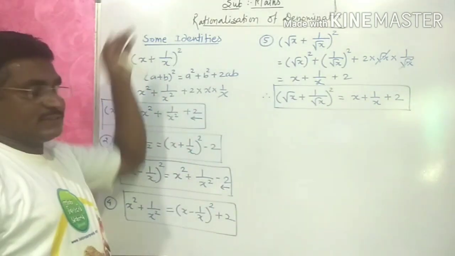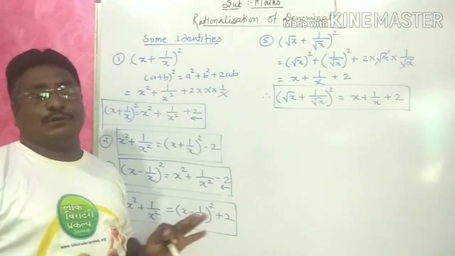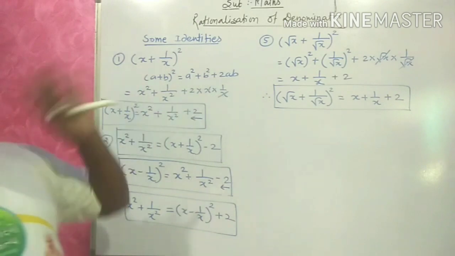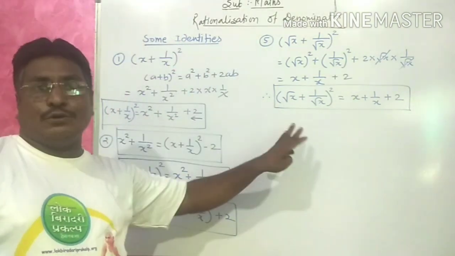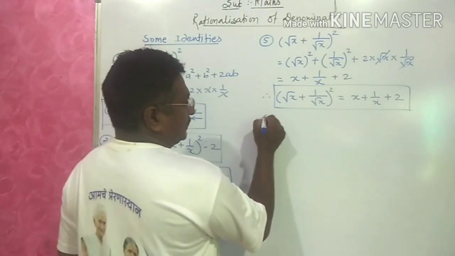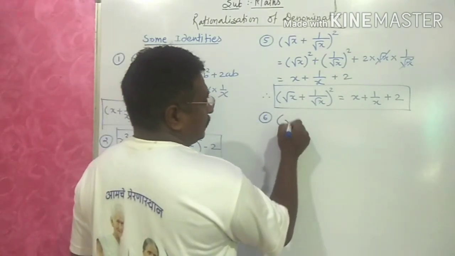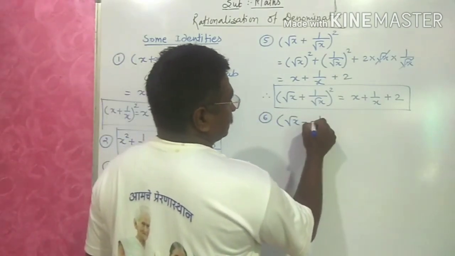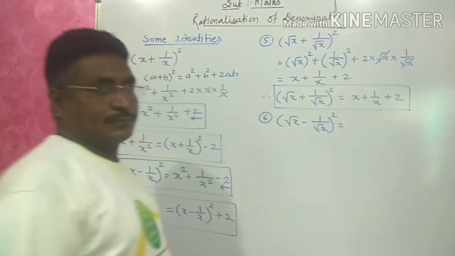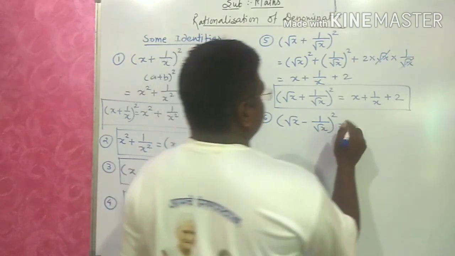So hold this example based on identity only. If you know the identities, then it is easy to solve. If you don't know the identities, it is difficult to understand this. Now sixth, root x minus 1 by root x whole square. So what will come here?